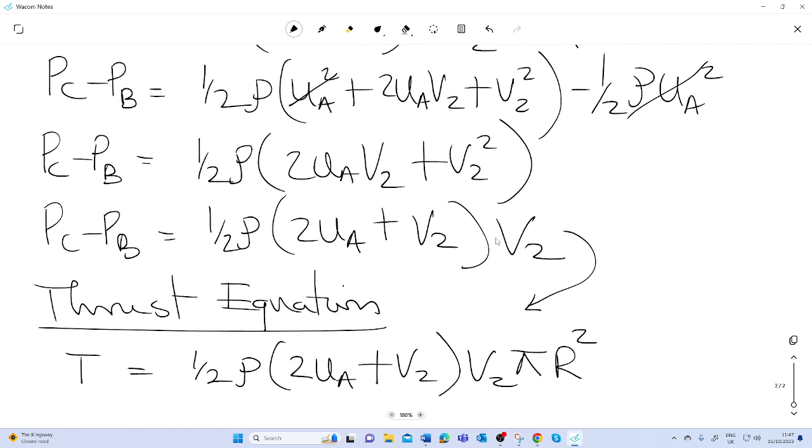And this is a very important equation that we will need later on.